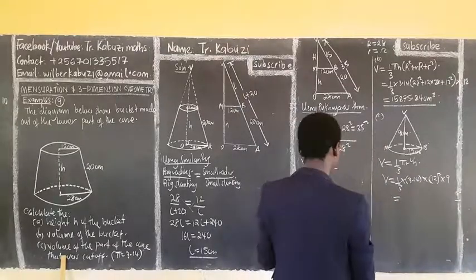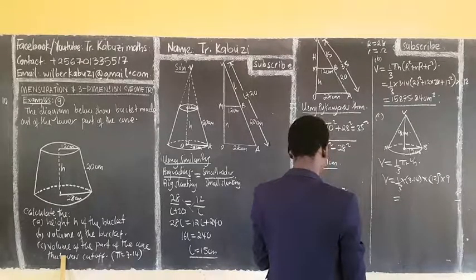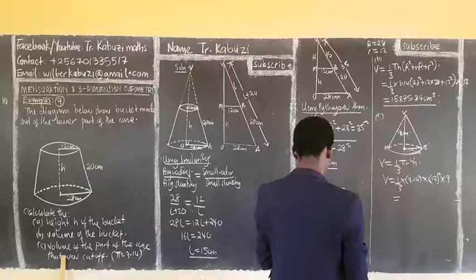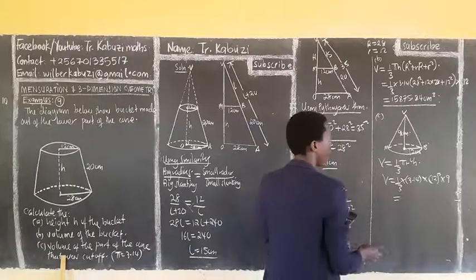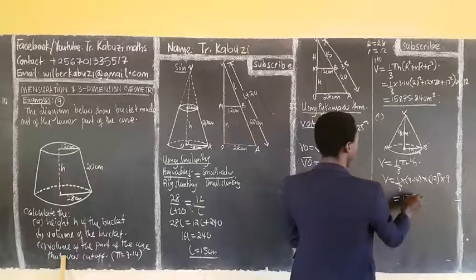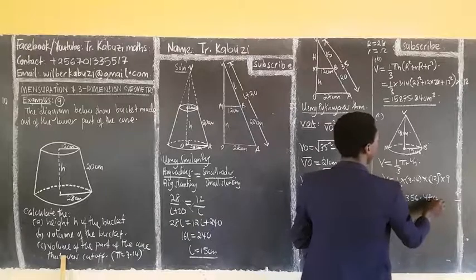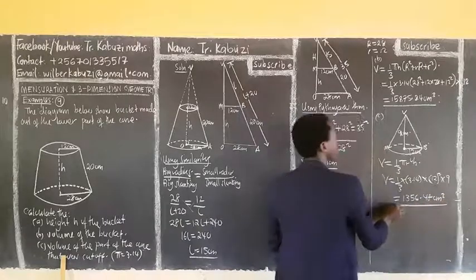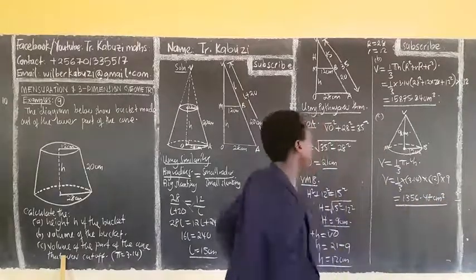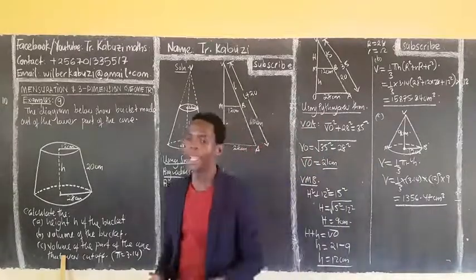Putting that on the calculator, I have 1356.48 cubic centimeters, and so that's how we get that, members. So that's how you go through this question, members. I wish you the best.